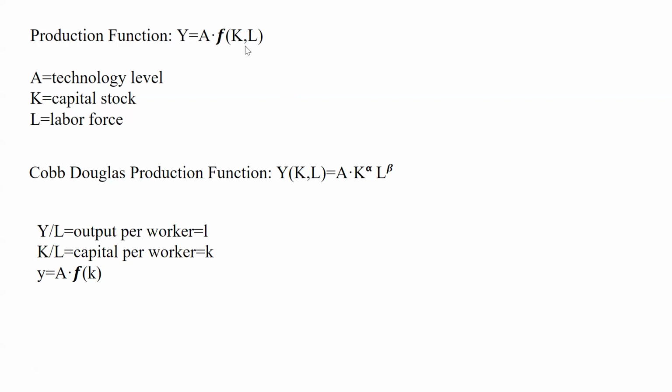Because when we divide all these terms by L, this becomes 1, this becomes capital per worker, and this, because of constant returns to scale, becomes output per worker.